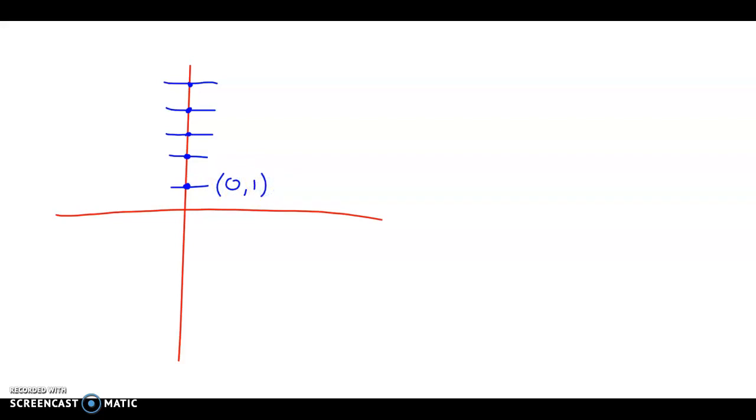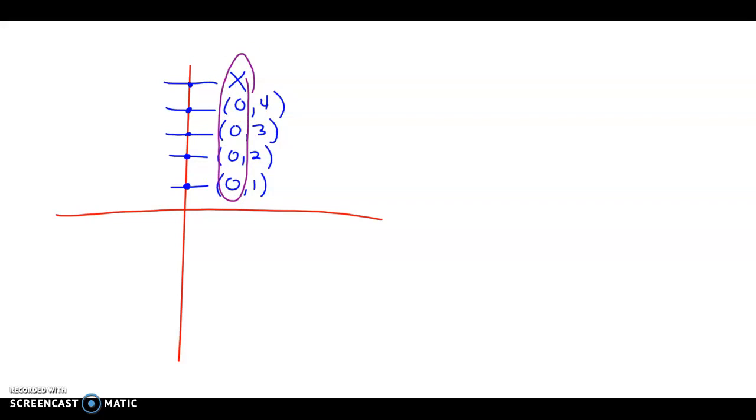What is this point? 0, 0. Middle. 0, 1. 0, 4. 0, 5. What is x when I'm on the y-axis? 0. It's always 0.